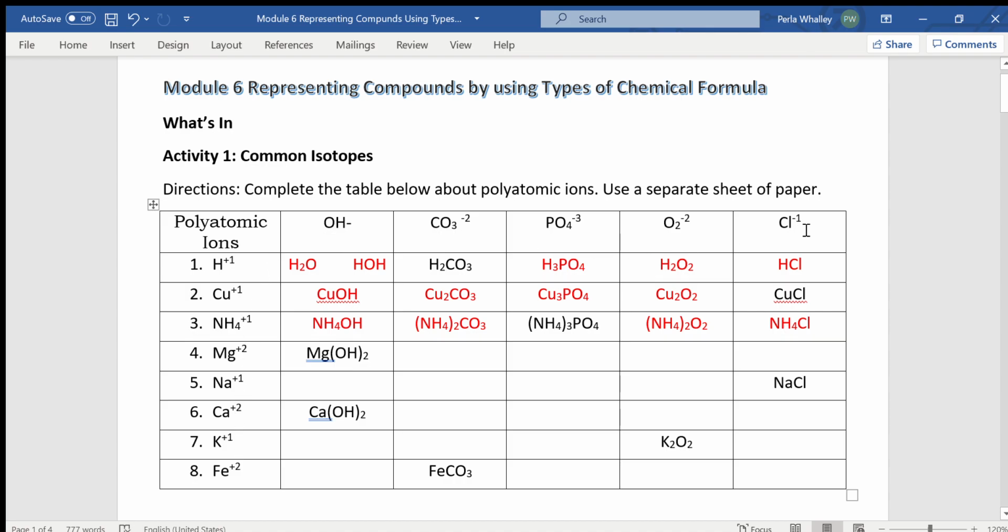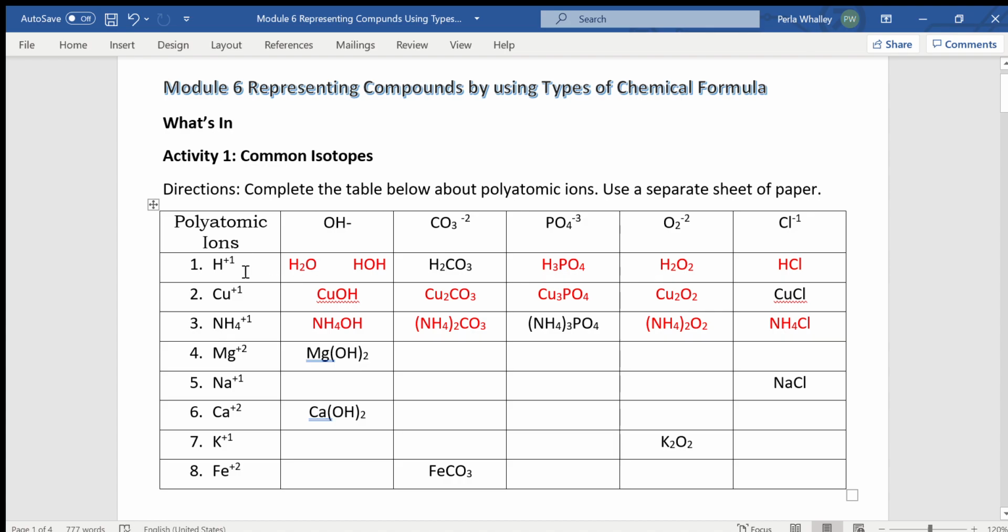We go to the first example. We pair H+1 with OH-1. The two of them can be written as HOH or H2O.